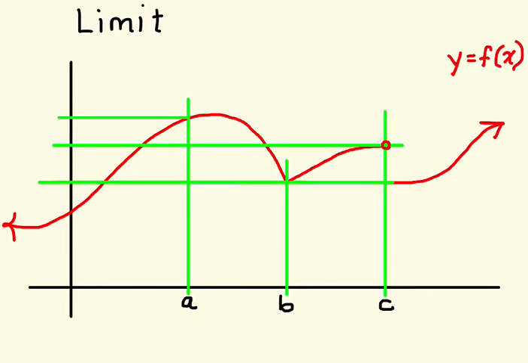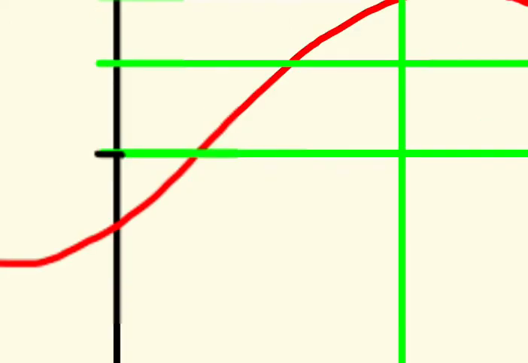Same height. Okay, so let me label the y-axis in black. This point right here is f of c. It's also f of b, isn't it? So I'll say that this first point is, I have to use a smaller font, f of b.